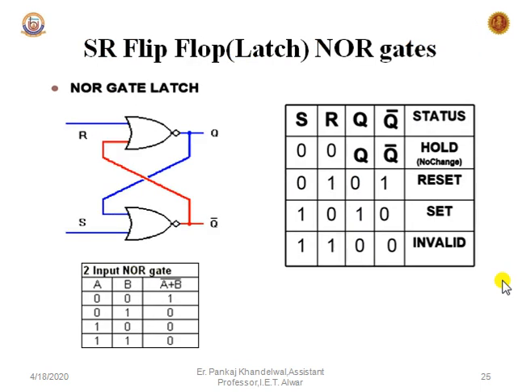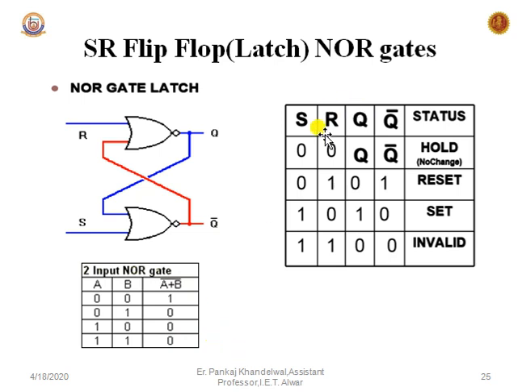After that, we will study the SR flip flop using NOR gates, or SR latch. There are two NOR gates which have cross coupled connections. The NOR gate has the important property that the output is high only when both the inputs are low, meaning 0 plus 0 is equal to 0, complement equals 1.